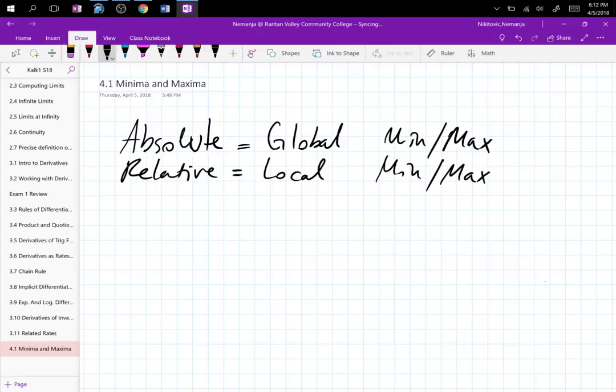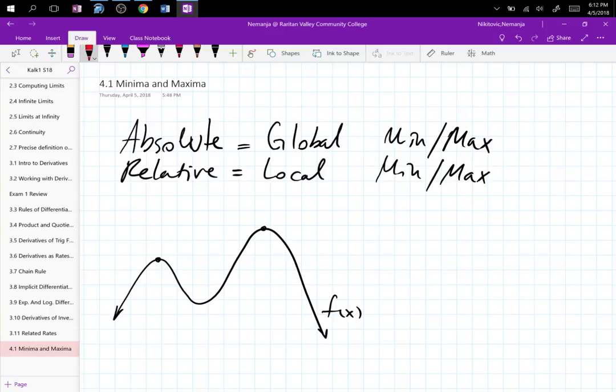So let's first take a look at a function f of x. I am not placing this in the xy coordinate system because that's irrelevant now. We are looking at the peaks. Now what is happening here? At these top points, we can draw a horizontal tangent line with a slope equal to 0.